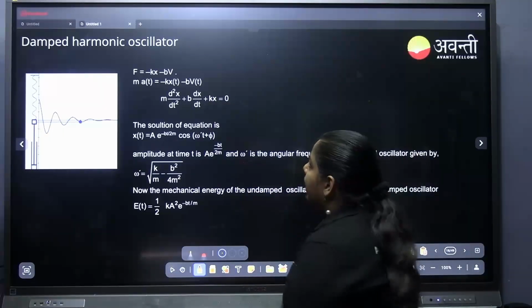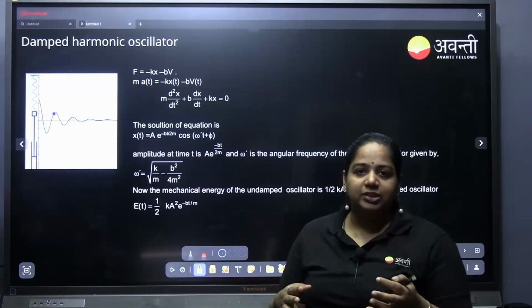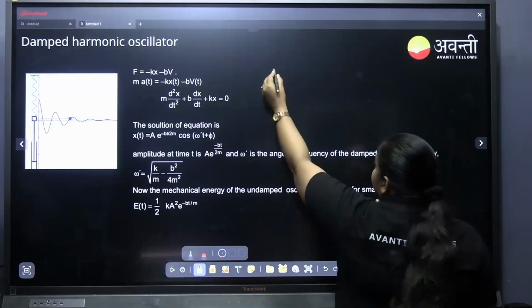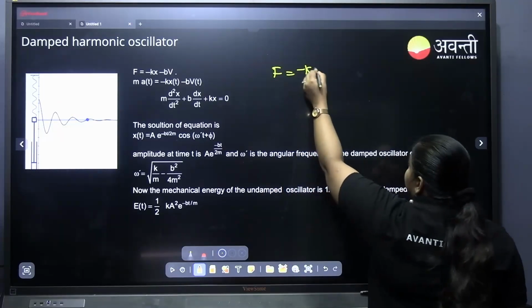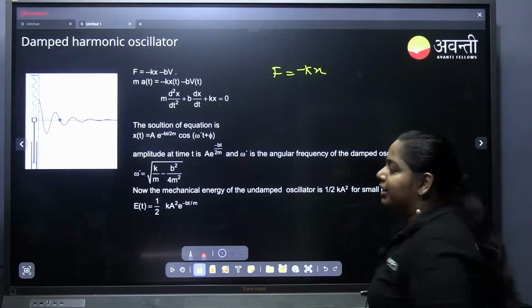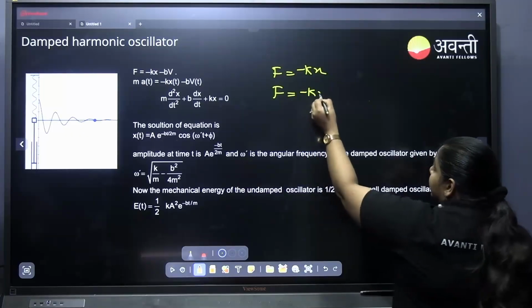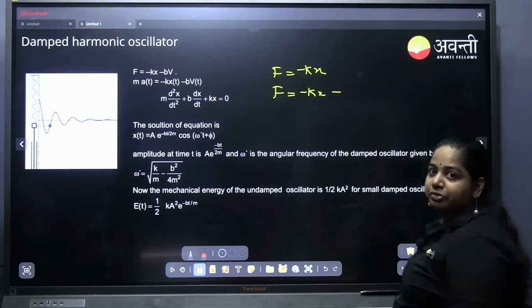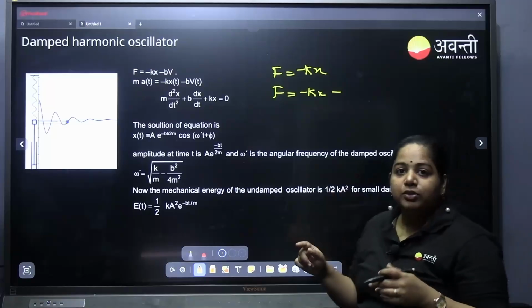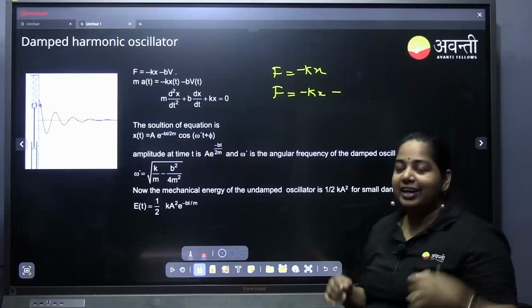Some resistive force is acting, right? So we modify our force equation from minus kx by adding the resistive force also. The resistive force depends on velocity. So F equal to minus kx plus a resistive force dependent on velocity. Velocity more, force will be more, but in the negative direction.